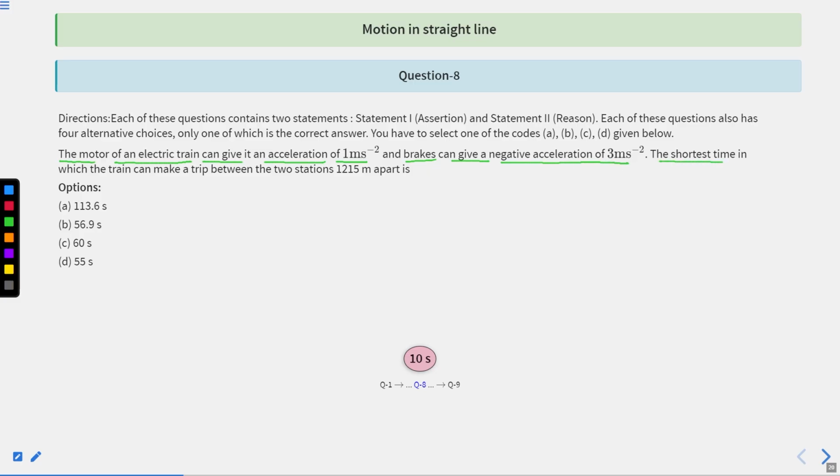The shortest time in which the train can make a trip between two stations 1215 meters apart is? Which option is correct? A, B, C, D. Which one is correct? You have 10 seconds to solve this question. After that, we will provide the solution. Clear? Read the question carefully, then give the answer.